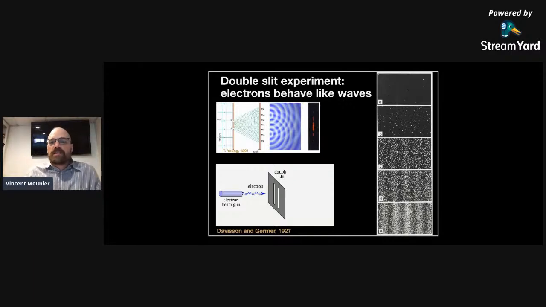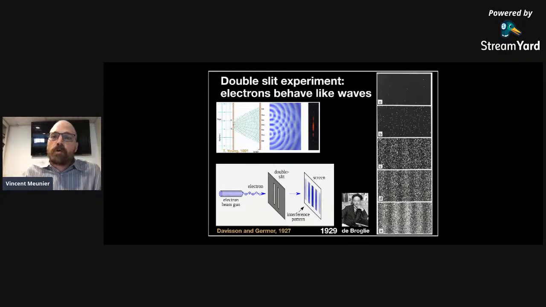They behave like waves, and this was work that led to the de Broglie work in 1929, who basically provided a formal relationship between the energy of the electron and its wavelength. So that's already showing that, yes, something is happening with material at that scale.